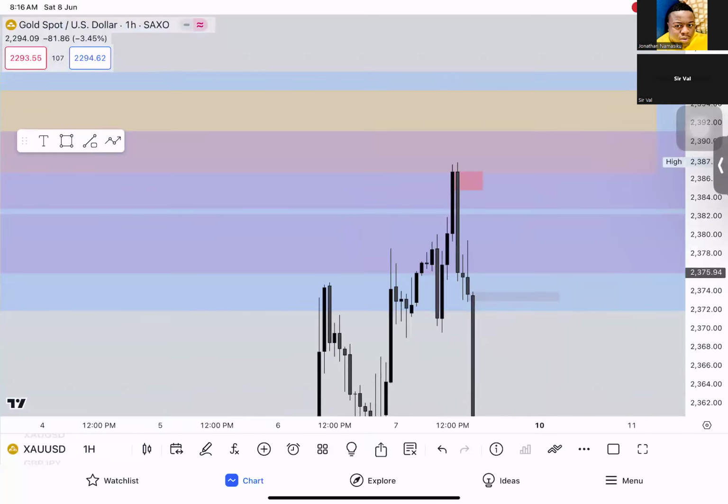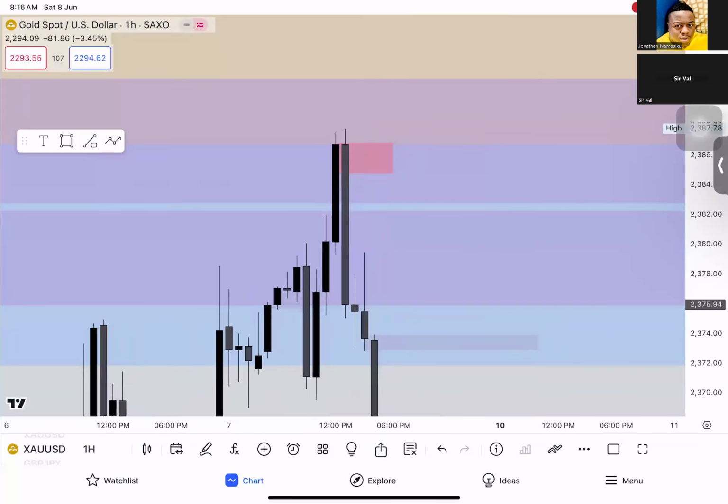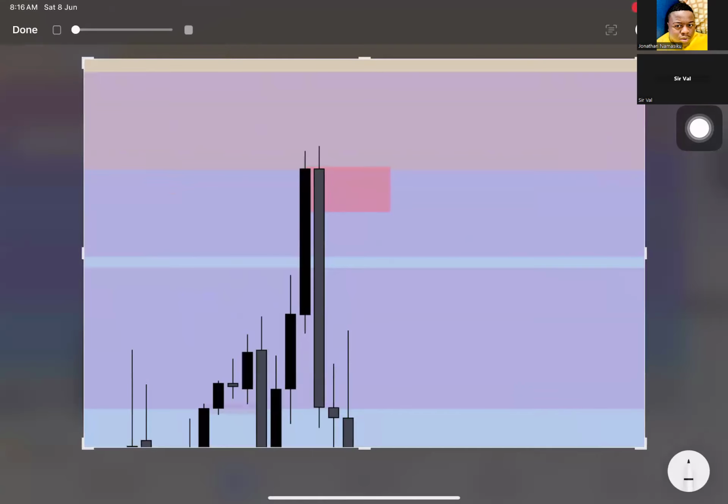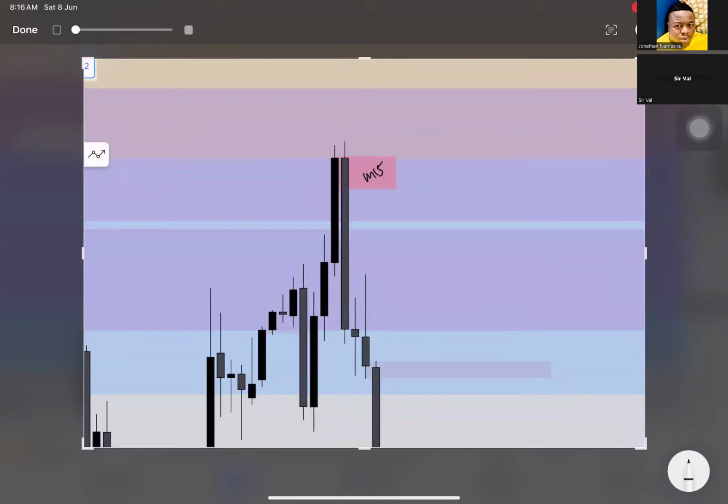Let's see what we have here, M15, right? The red color. But after price ran, a new zone has been created on H1, right? That's nice.